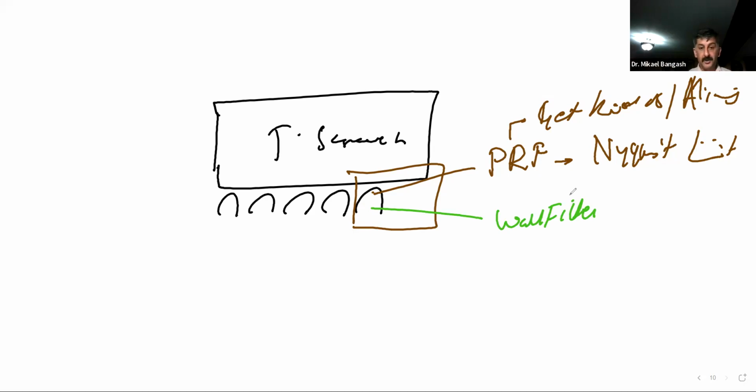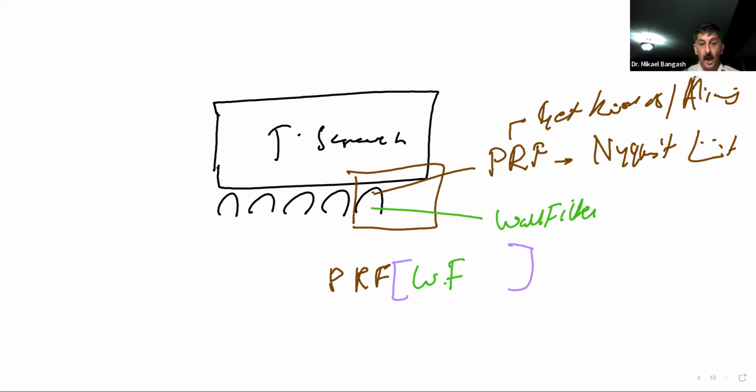So whenever your setting says PRF, and in the bracket you have your wall filter, that may mean that if you twist and turn this knob, it's just going to increase or decrease your Nyquist limit, which may help you get rid of your aliasing, or actually produce aliasing on your Doppler recording.